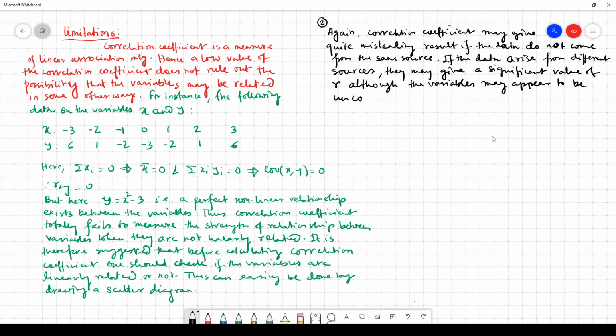So the variables may appear to be uncorrelated when the data from different sources are treated separately.